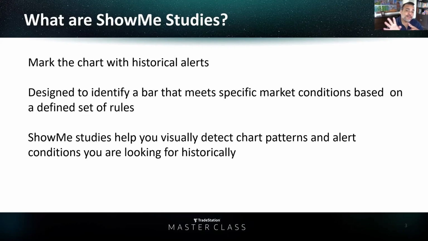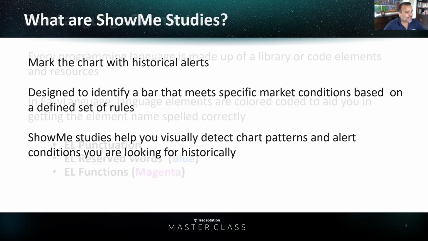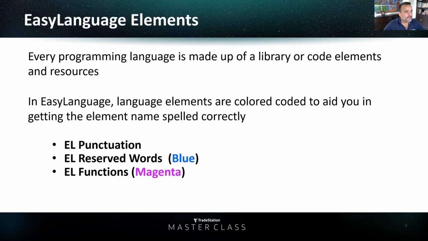A lot of the candlestick and bar pattern recognition built into TradeStation is going to be in the Showme category. So if candlestick pattern recognition is something that interests you, go to the Showme studies, and that's where you're going to find most of these ideas.